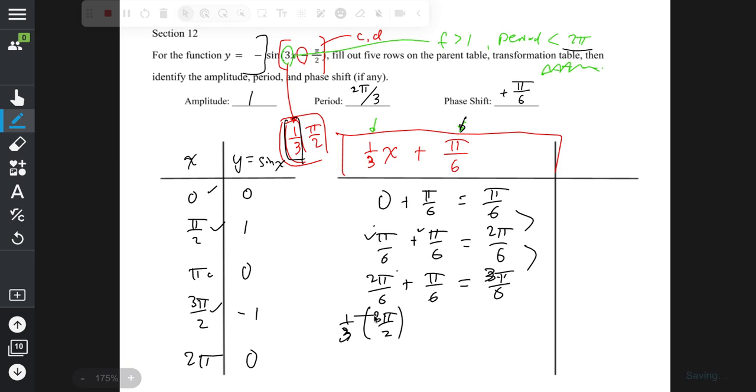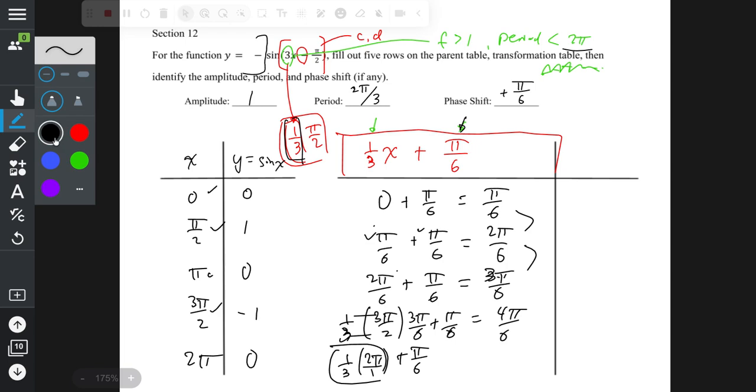Well, we can see here that's 3 pi over 6. Again, plus another pi over 6 is 4 pi over 6. And then 1/3 of 2 pi plus another pi over 6. This is 2 pi over 3, which is the same as 4 pi over 6.